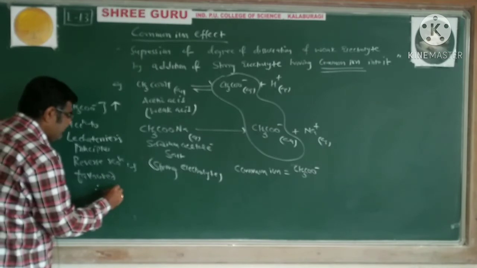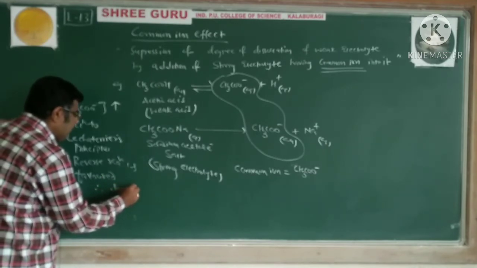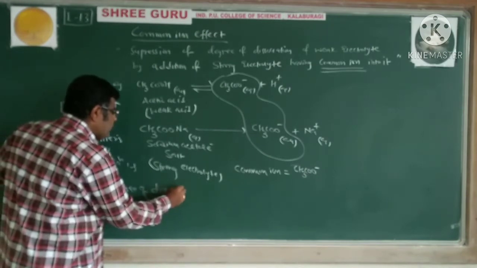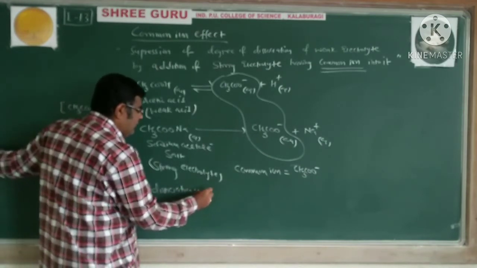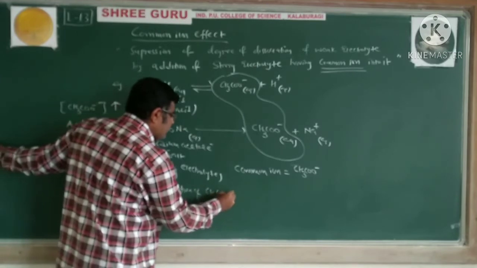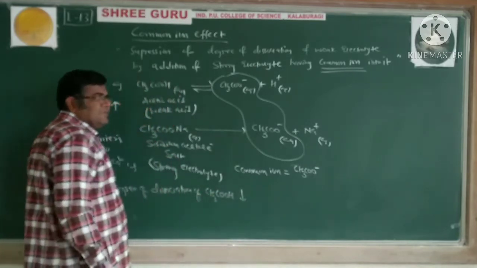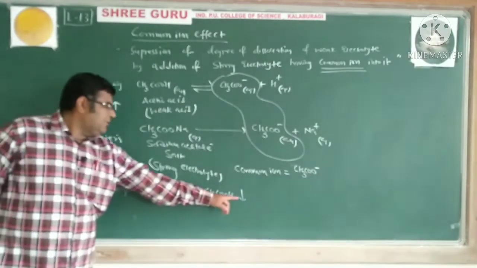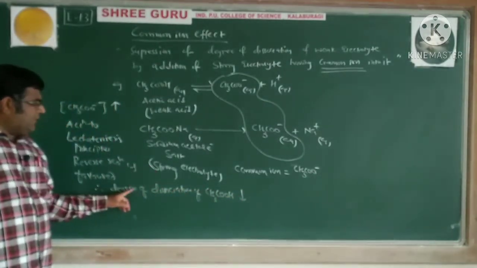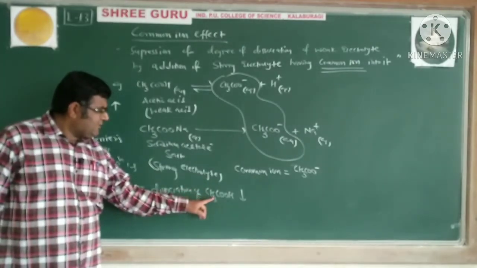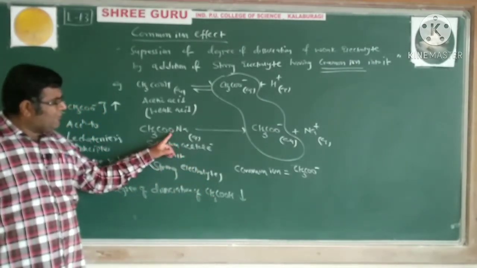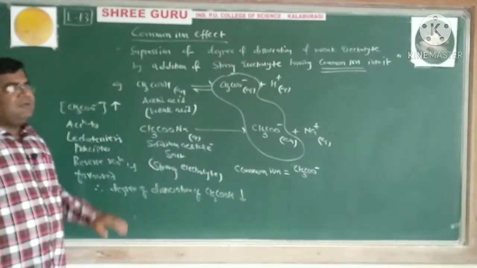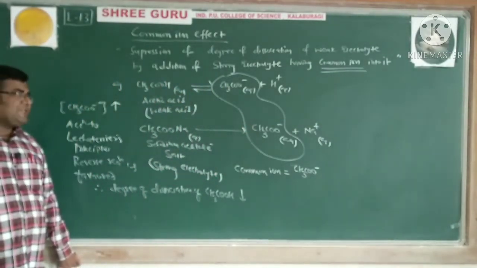That's why the degree of dissociation of acetic acid decreases, and that decrease is nothing but depression. Depression of the degree of dissociation of a weak acid by addition of a strong electrolyte containing a common ion into it is called the common ion effect.